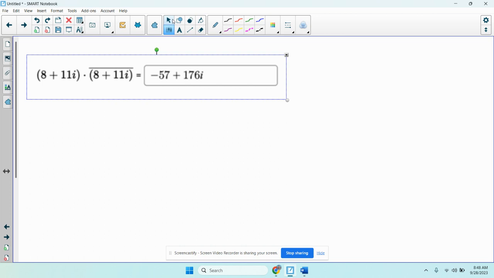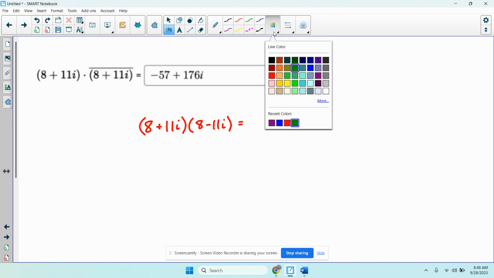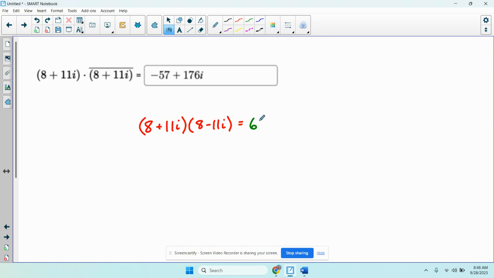And same idea here. I'm going to rewrite the first part: 8 plus 11i multiplied by its conjugate. That's 8 minus 11i. Which when I do that, I have 8 times 8, which is 64. Outer is -88i.